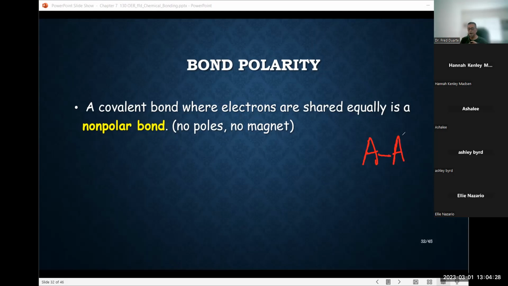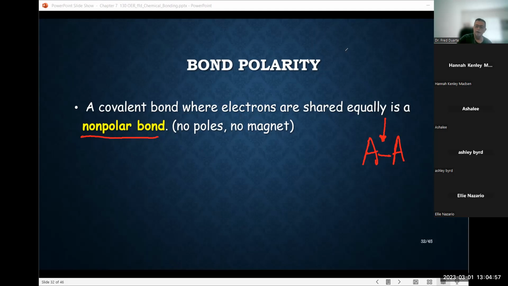Think of polarity, or the sharing, as a tug of war of those 2 electrons in that bond. In this case, when you have A and A, which are the same atom, there's an equal sharing of those 2 electrons. And therefore, we have what's called a non-polar covalent bond. No charge, no North Pole, no South Pole.